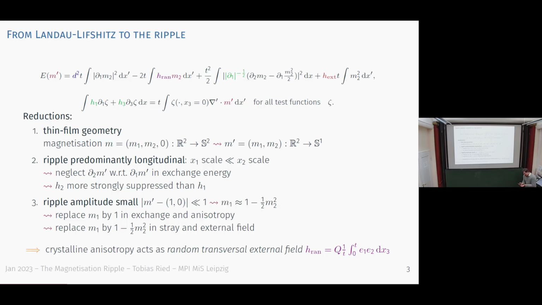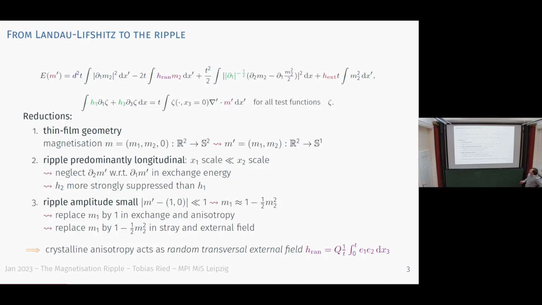That's the simplification I want to do. And once I put everything on the torus, I don't really need this stabilizing m2 squared term here, so let me just drop it out, so that in the end I will have three main contributions. The one that comes from the exchange part, the random external field interaction from the anisotropy, and the stray field term.